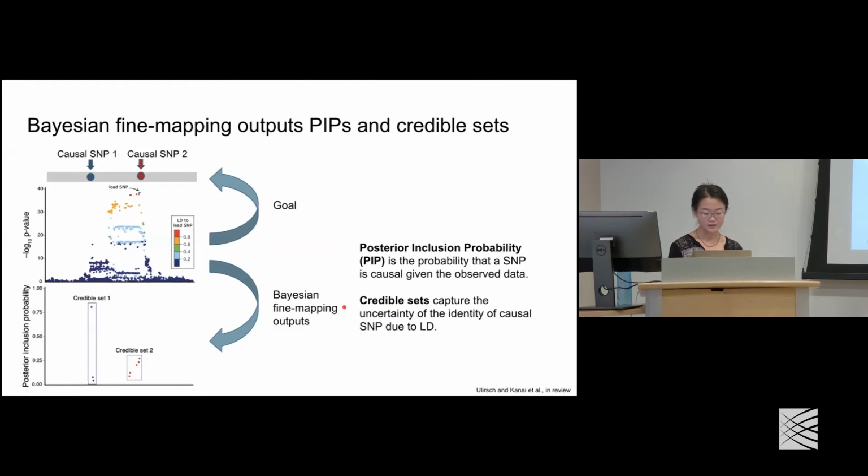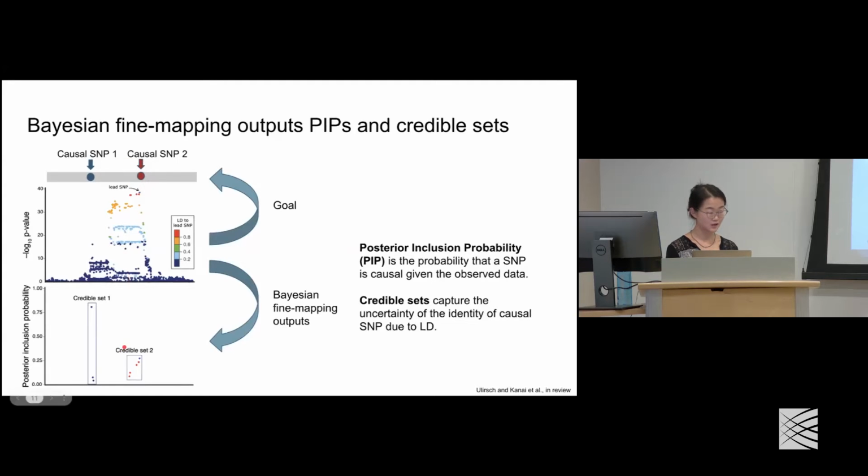And another very important output is the credible set. The idea of credible sets is to try to capture the uncertainty of the identity of the causal SNP due to LD. So you can see that this toy example had outputted 2 credible sets, which you can think of as corresponding to these 2 causal variants.